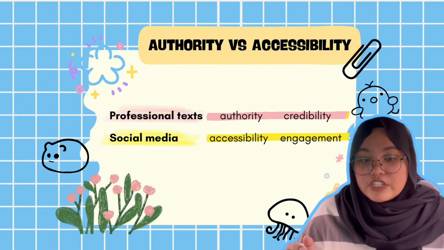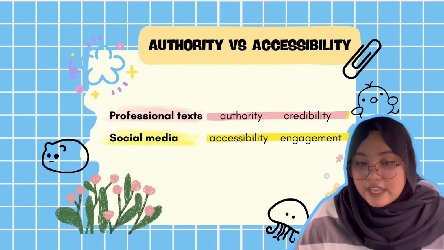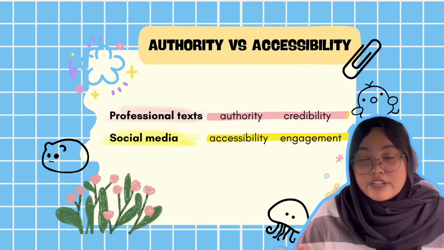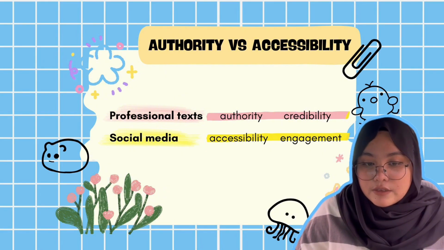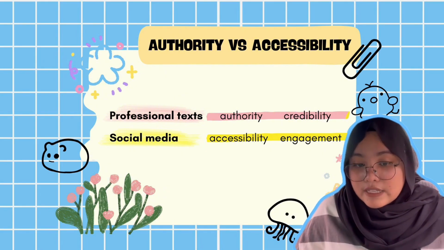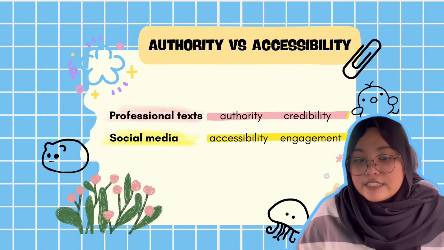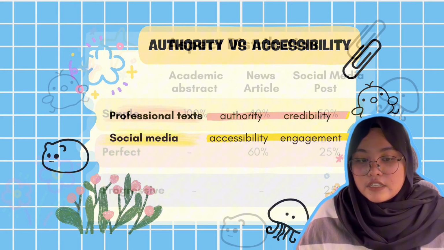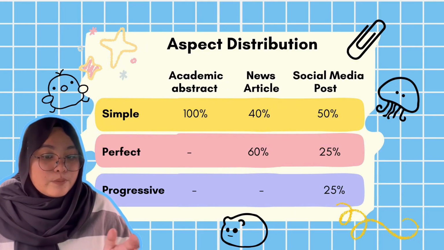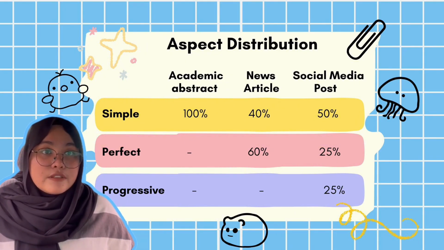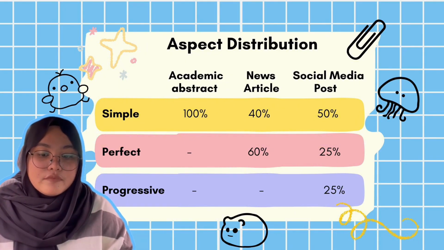While professional texts emphasize authority and credibility, social media texts prioritize accessibility, clarity, and audience engagement. For the first comparison, we are going to look at aspect distribution between professionals and social media.